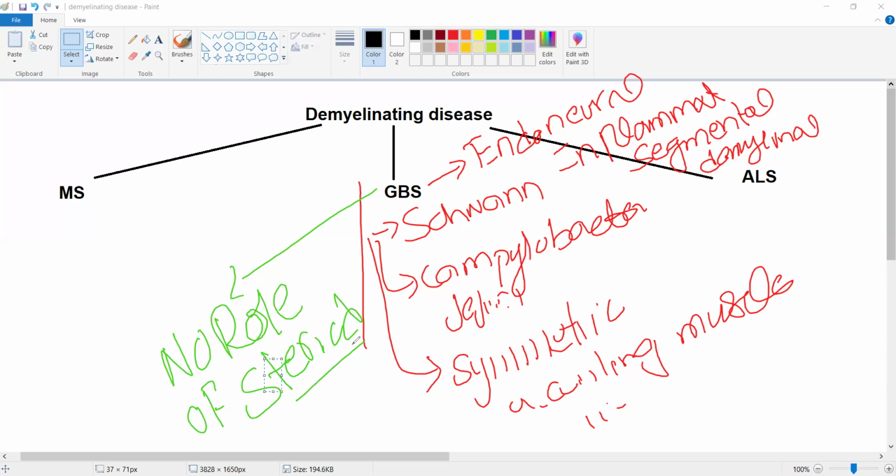On CSF, there is increased protein with normal cell count. This is known as albuminocytologic dissociation because the protein is increasing, but the number of cells is not increasing. You may find this term sometimes in your questions.